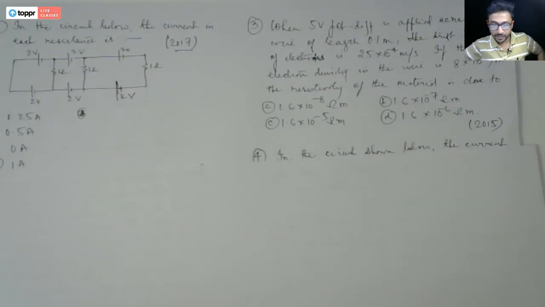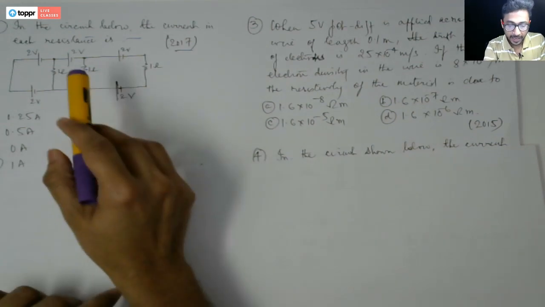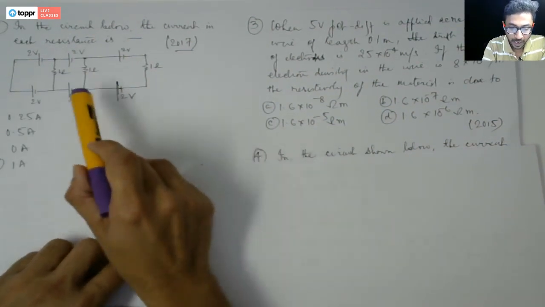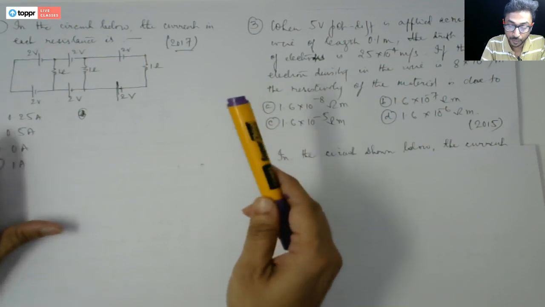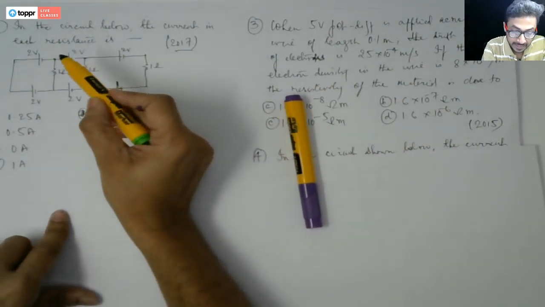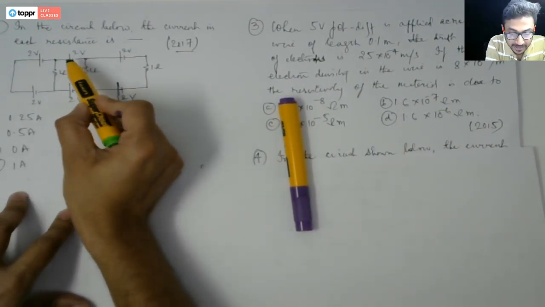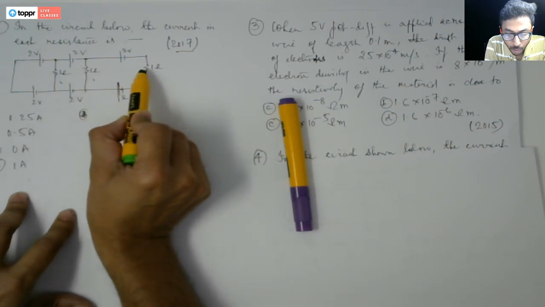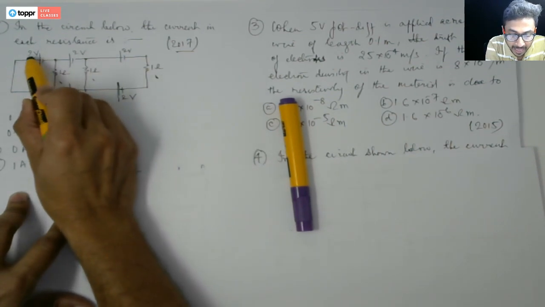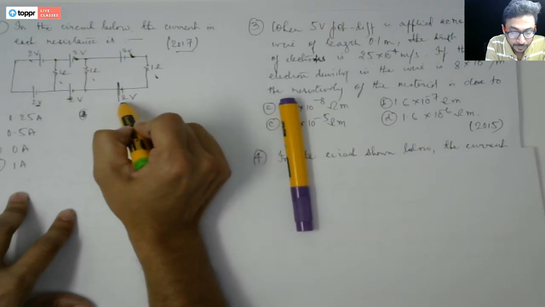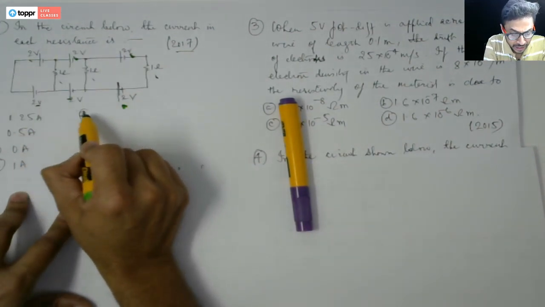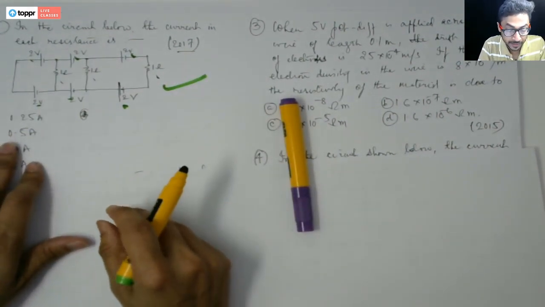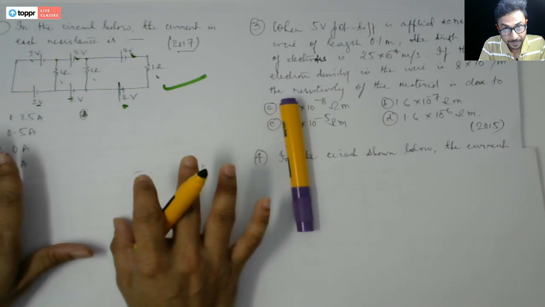See, this is a very interesting problem. In the circuit below, the current in each resistance would be, see, in this circuit these are 1 ohms and these are 2 volt. Initially, if you see this diagram, it will look very complex.